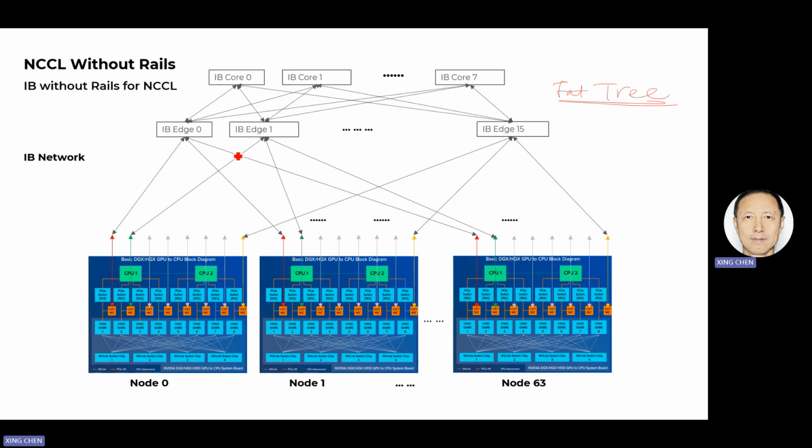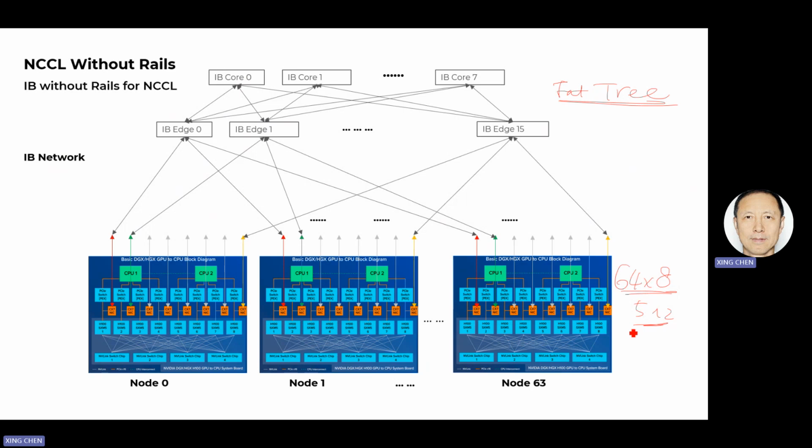If you decide to build a traditional fabric network for this NICO communication traffic, you are going to end up needing edge switches, depending on the quantity of nodes. In our example we have 64 nodes, and each node has 8 links. So you are going to have 512 uplinks.